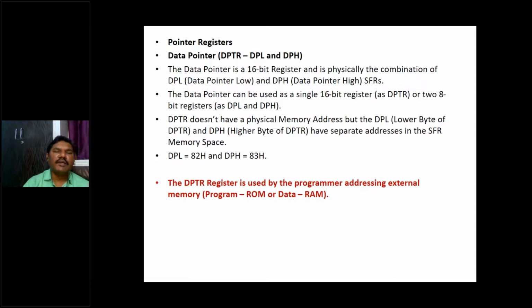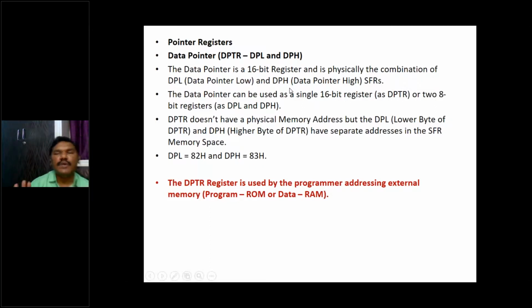Data pointer. The main purpose of DPTR is for the programmer to address external memory, that is program memory or data memory. Here external memory means up to 64 KB, that's why we need a 16-bit data pointer.